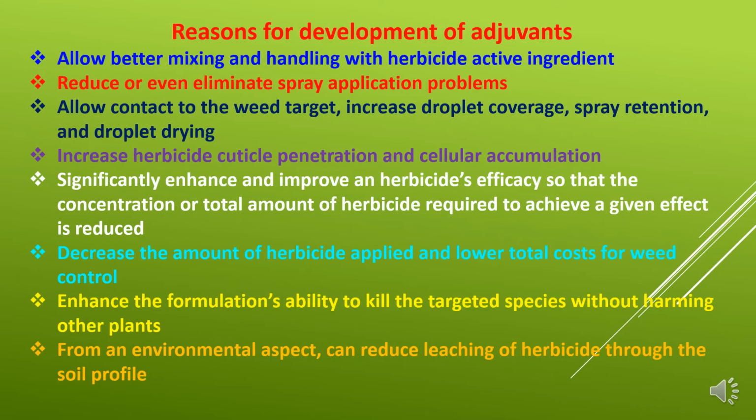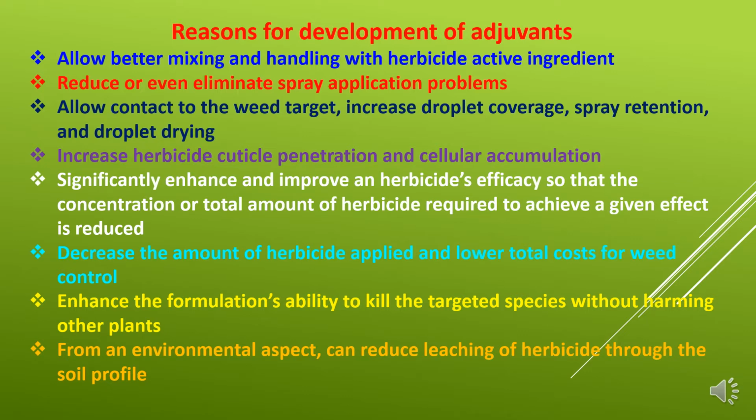What are the reasons for the development of adjuvants? There are various plus points because of which adjuvants are used in herbicide application. Adjuvants allow better mixing and handling with the herbicide active ingredient. They reduce or even eliminate spray application problems. Adjuvants allow contact with the weed target and increase droplet coverage, spray retention and droplet drying.